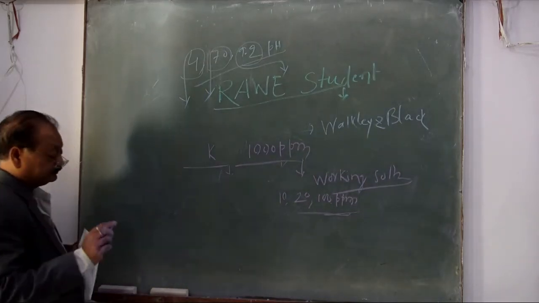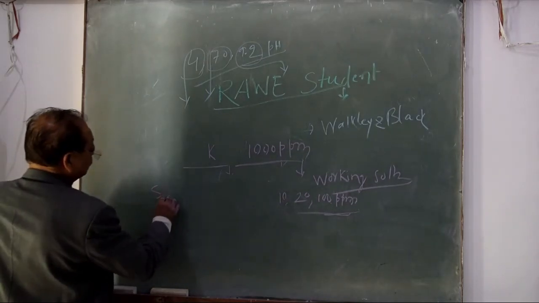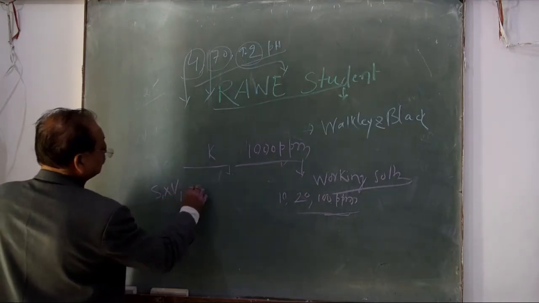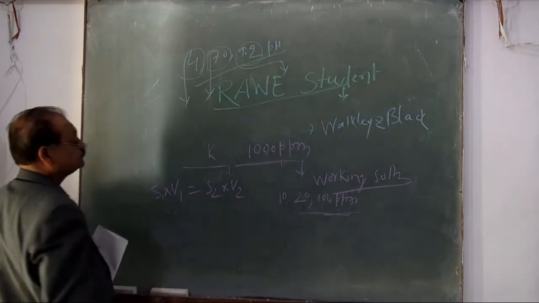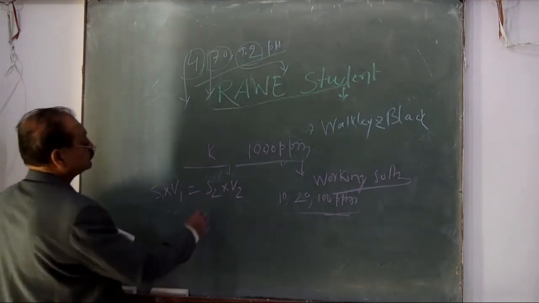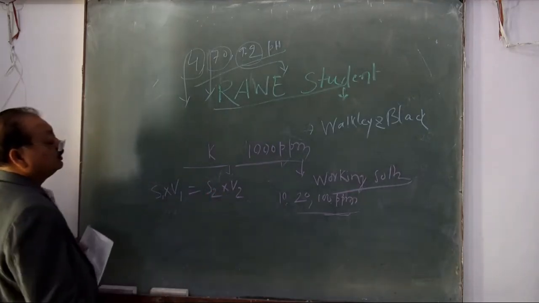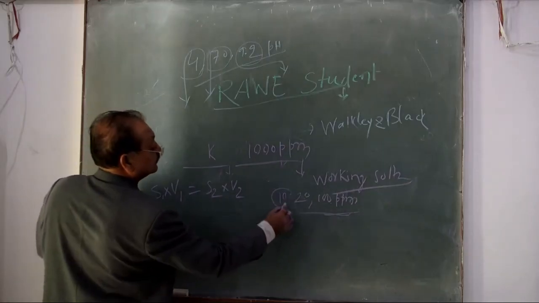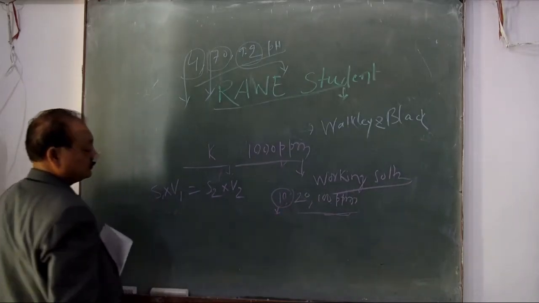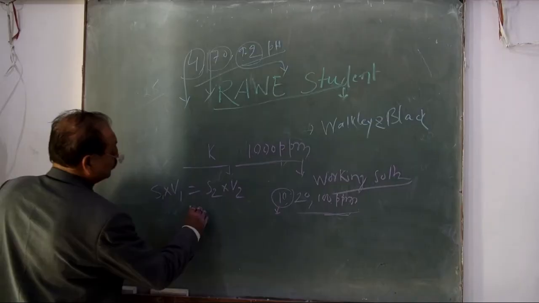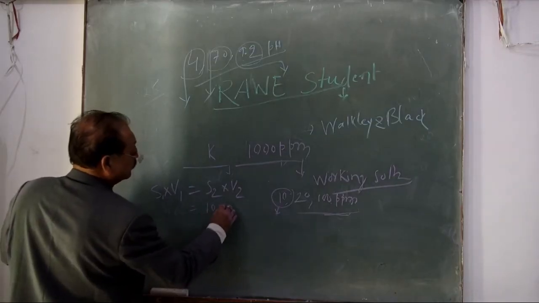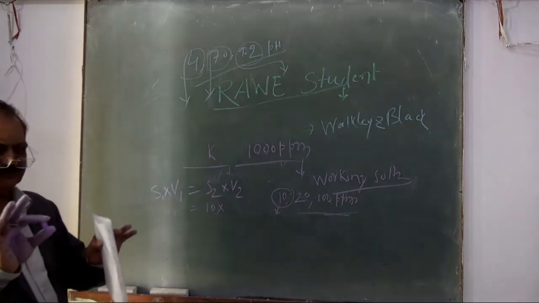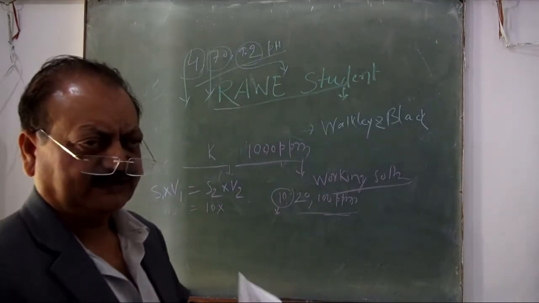You know that S1 into V1 is equal to S2 into V2. You have to prepare this 10. Now put the 10 here and assume what quantity is required.